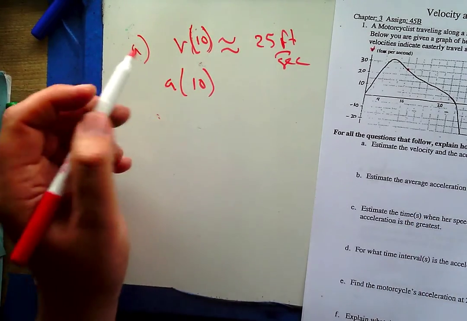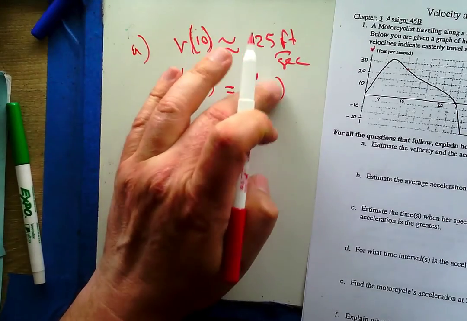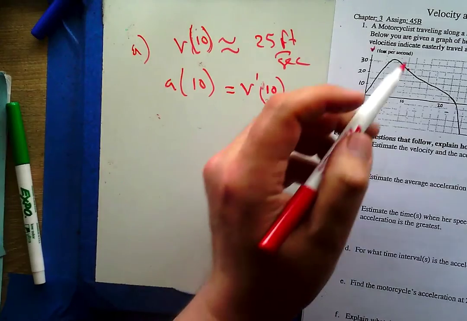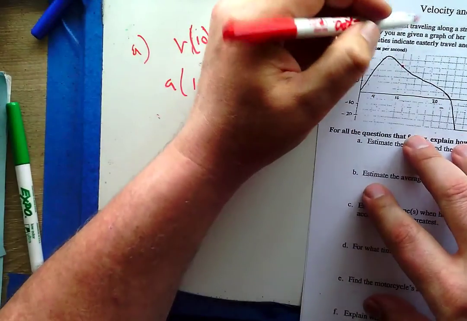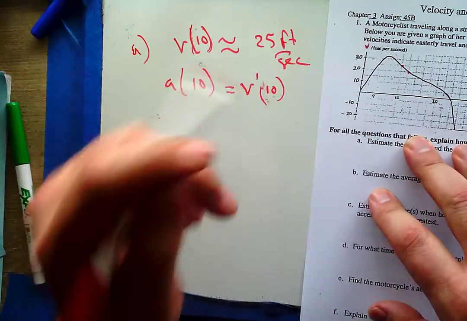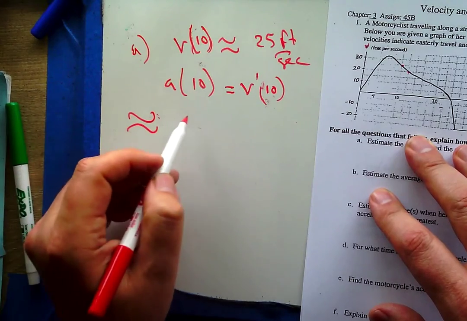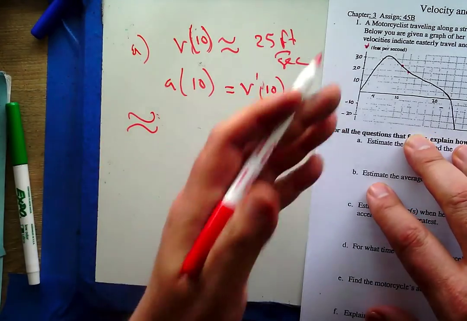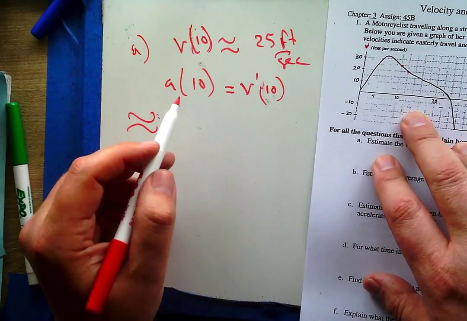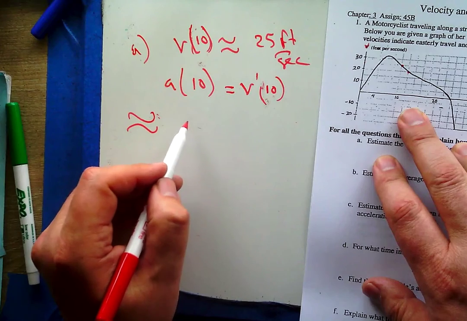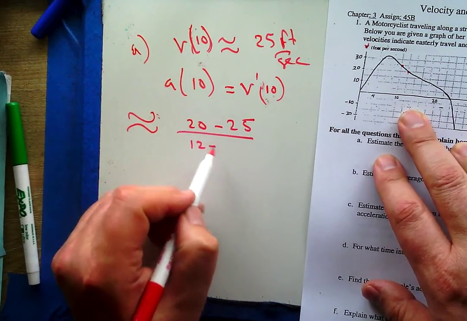Now the acceleration equals the slope on the velocity graph. So they're wanting me to approximate the slope here. And I find it convenient to use this point and this point. So this is going to be approximately equal to, because I don't have an equation to take the derivative of, 20 minus 25 over 12 minus 10.